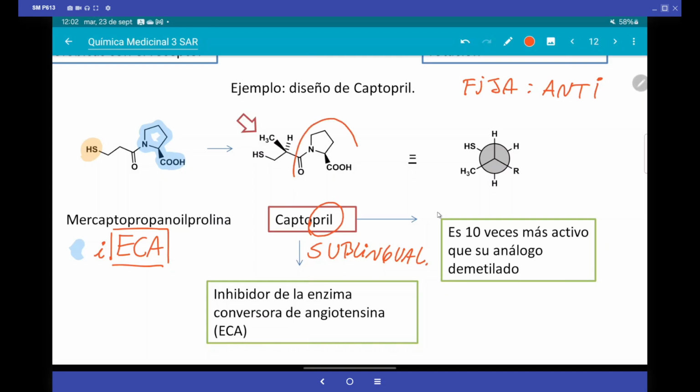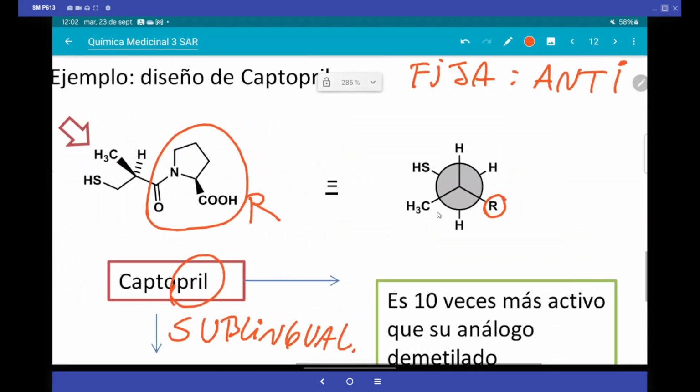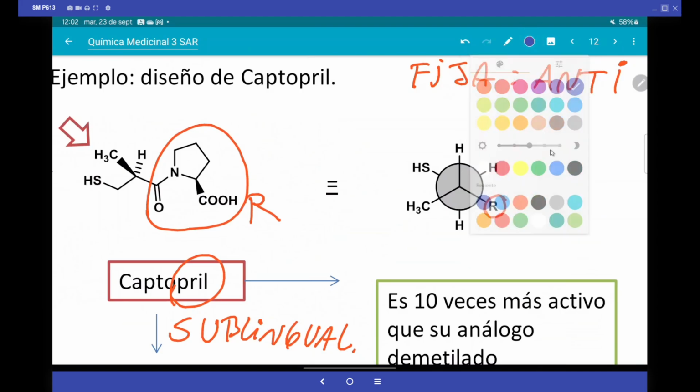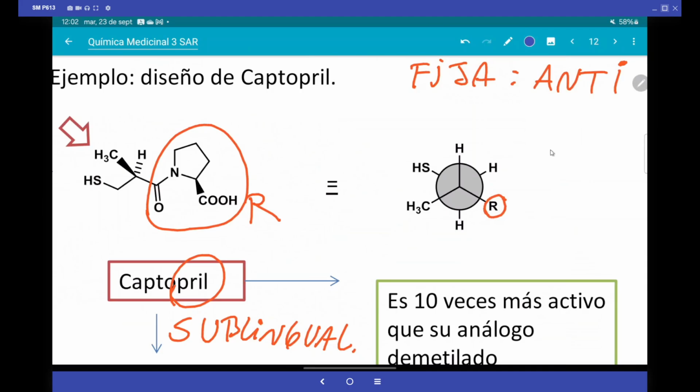We are going to call it R, this R. Because I say that this is anti. What do I mean by that? Sorry, no. But before that, I say opposite. It is not true that things are opposite.